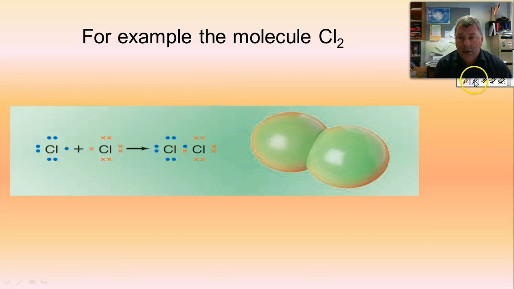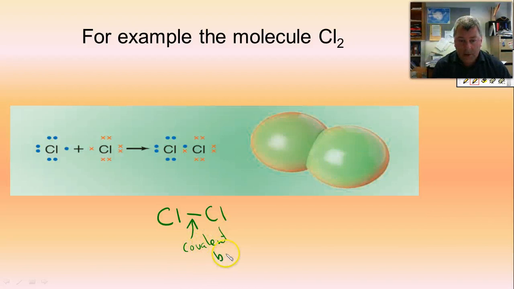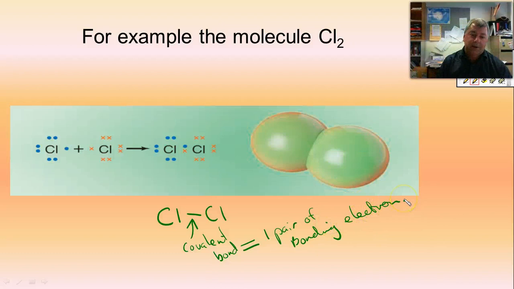If we were to simplify it, the next step would be just to write Cl with a line between it and Cl, where that is our covalent bond, and that is equal to one pair of bonding electrons. So if you're asked for an electron dot diagram, you've got to draw that.